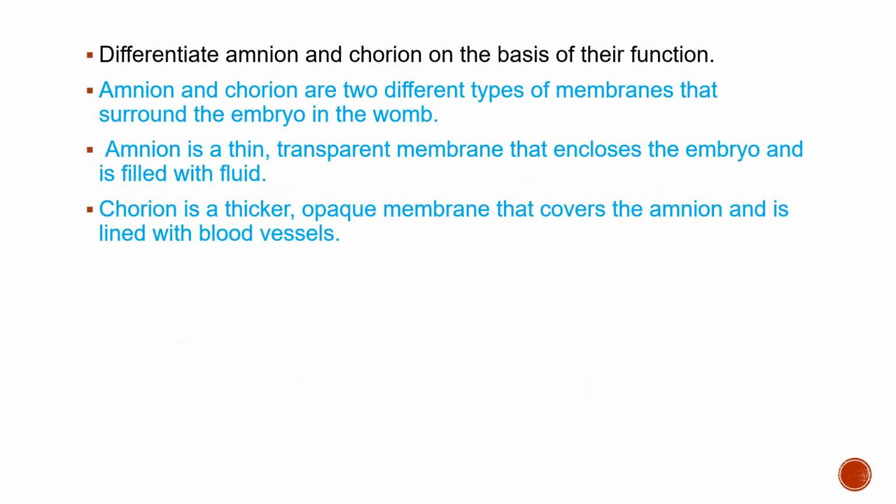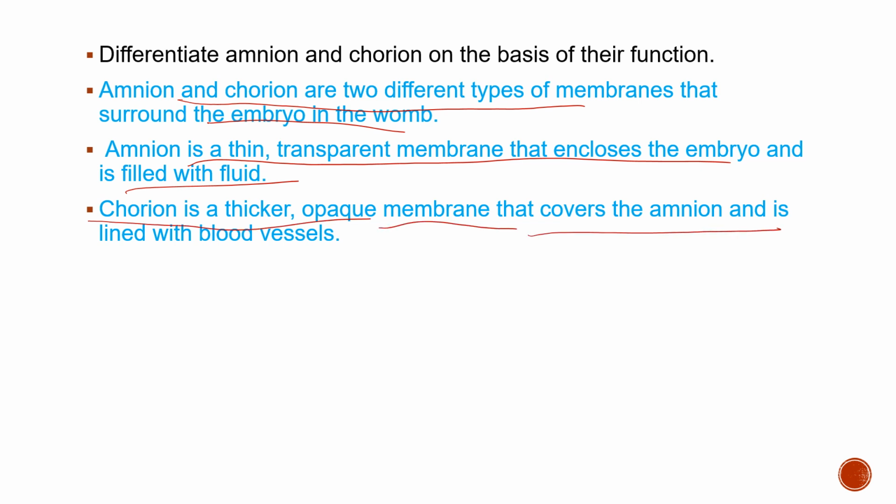Now here we are seeing: differentiate between amnion and chorion on the basis of their function. Amnion and chorion are two different types of membrane, as we all know, that surround the embryo in the womb. Amnion is a thin transparent membrane that encloses the embryo and is filled with a fluid, whereas chorion is the thicker and opaque membrane that covers the amnion and is lined with blood vessels.